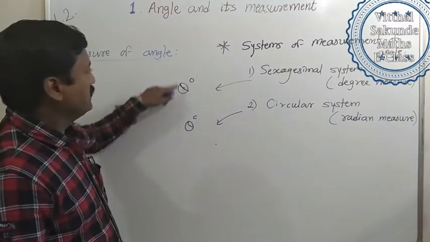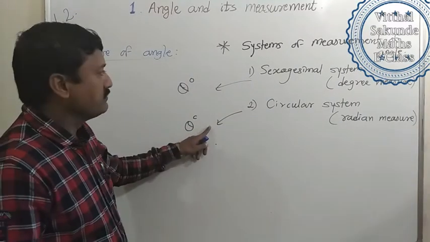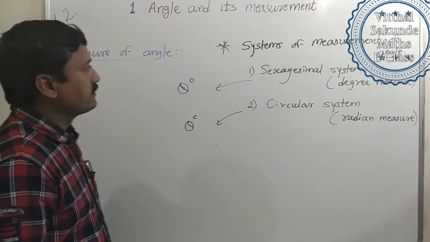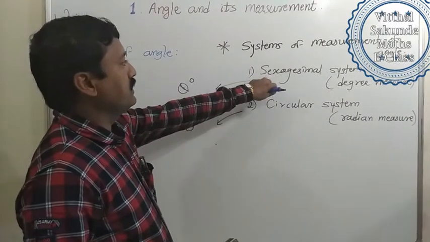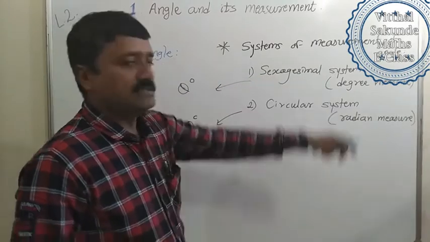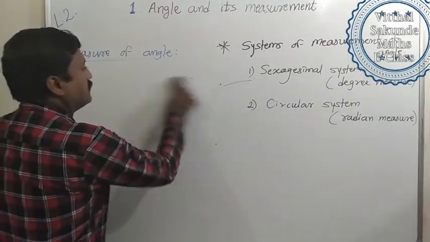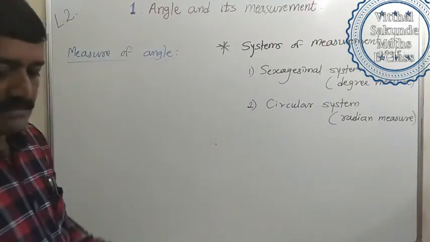So this is theta degree and theta radian. These are the two systems. Let us see these in detail. Since we already know the sexagesimal system, we will still revise it.